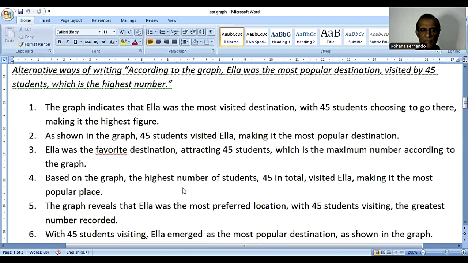Fifthly, the graph reveals that Ella was the most preferred location, with 45 students visiting, the greatest number recorded. Again, we have used two commas to separate information, but here we have used instead of the highest number, greatest number, which is not given in the question.